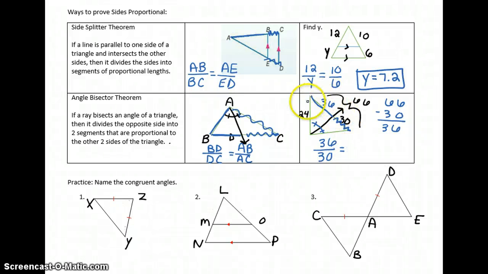The other side of my proportion is going to be the other sides of my triangle. 24 matches up with 36, and I don't know the other side of my triangle, so I'll call it x. Pause the video and solve for x. If you've solved correctly, you should get x equals 20.